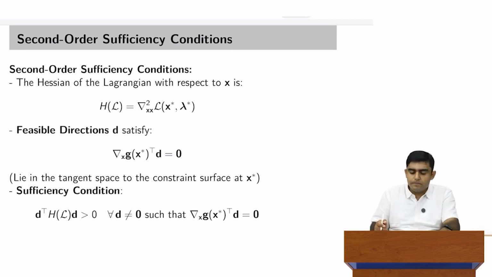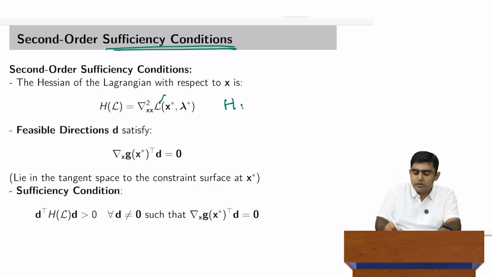If you recall, we were talking about the Hessian matrix when we started our discussion about the sufficiency condition in unconstrained problems. Here also we talk about the Hessian matrix, but instead of the objective function f, in the case of constrained optimization we talk about the Hessian of the Lagrange function.